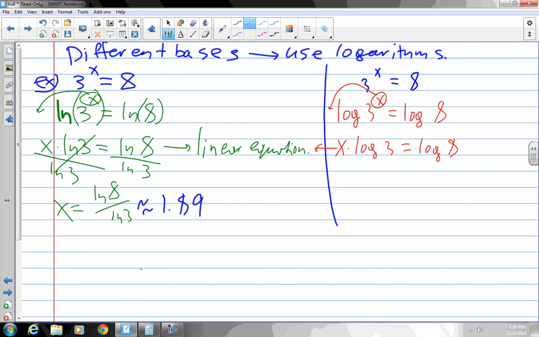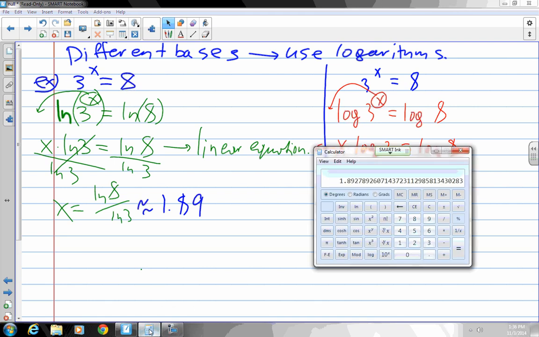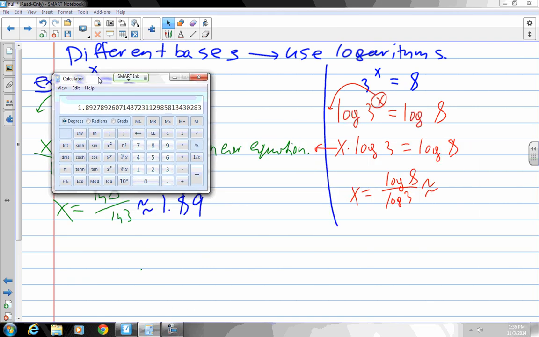Divide by log of 3, you get x equals log of 8 over log of 3. If I plug that in a calculator, I should get the same answer. I shouldn't be getting a different answer. So 8 log divided by 3 log. So 1.89. So we still get the same result as expected.